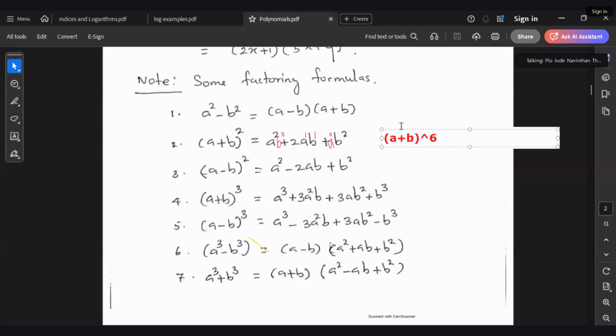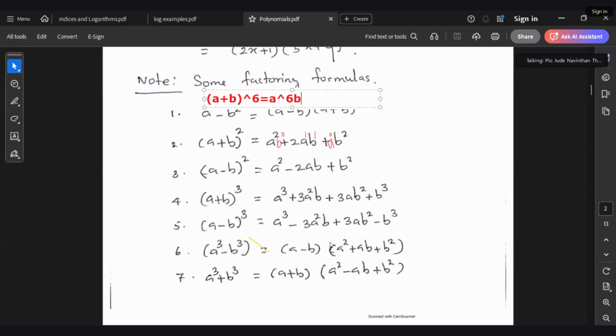How do you write it? According to this row, the plus is there, so we can write all the values as plus. A's power will be 6. A6 will be the start, A6 into B0, which we don't put. Plus, some values will be there. We don't know them yet; somewhere 3, minus 3, minus 2. So we leave some space.